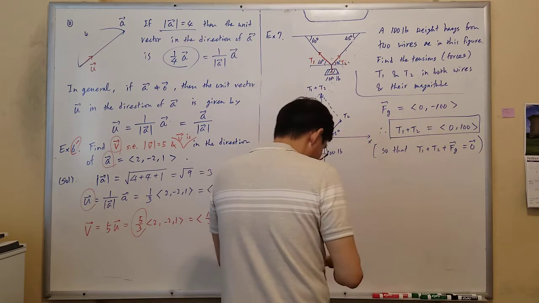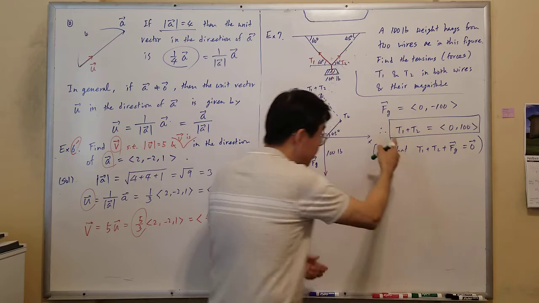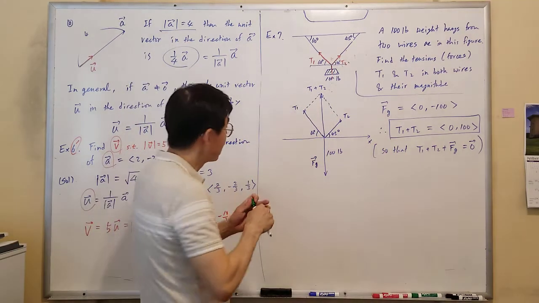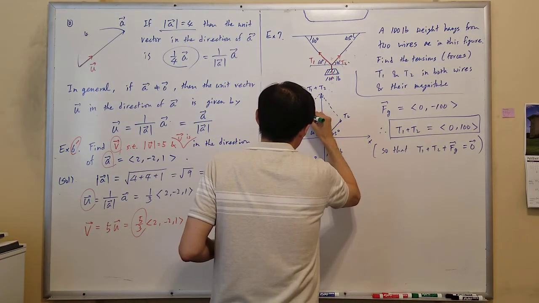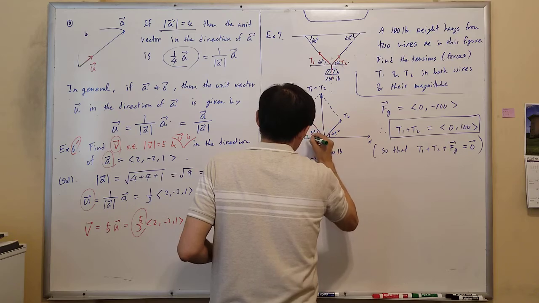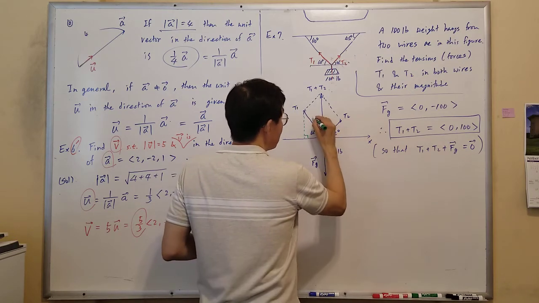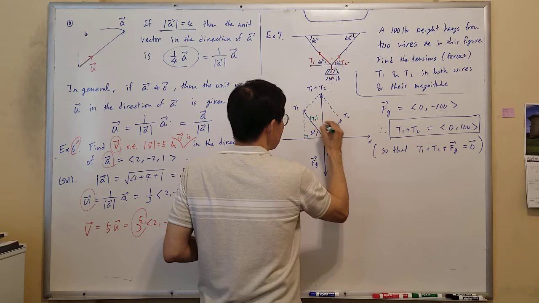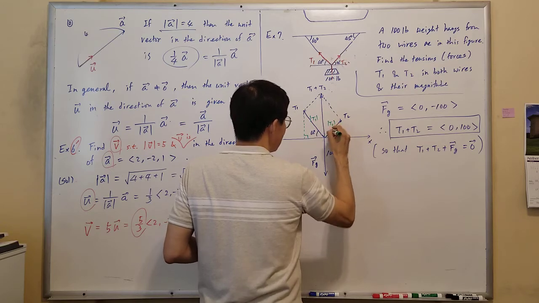So let's find the components formula. So this magnitude is T1, let's say magnitude, T2 magnitude.